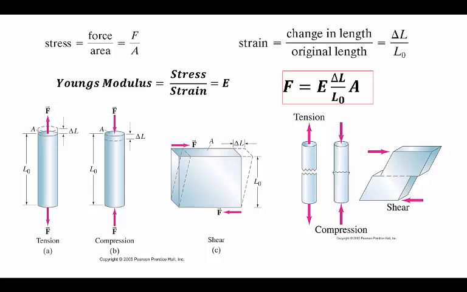If we take these three equations and juggle the E's and the F's and the A's a little bit, we're going to end up with this equation right here, where the force is equal to the Young's modulus times the change in length divided by the original length times the area, the cross-sectional area that we're talking about.